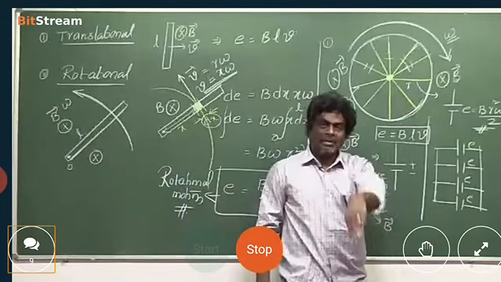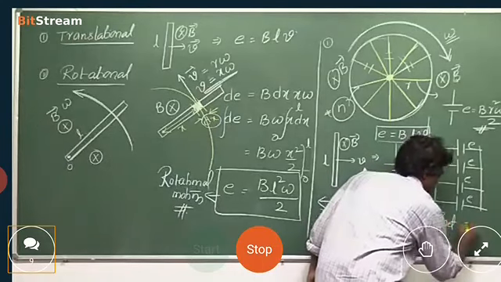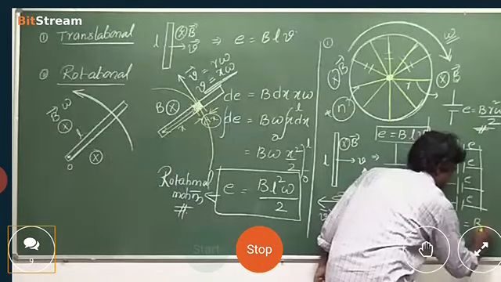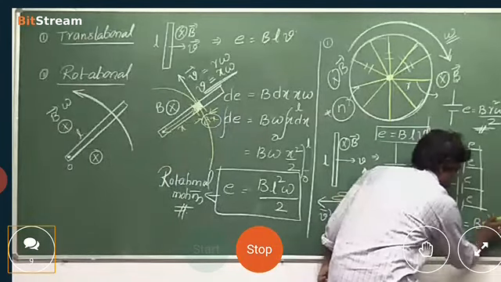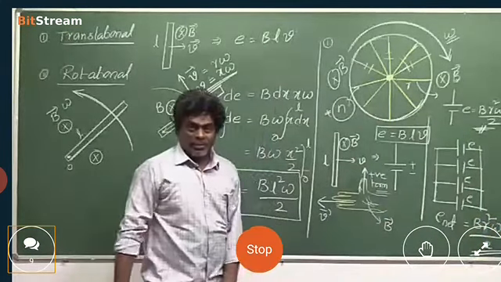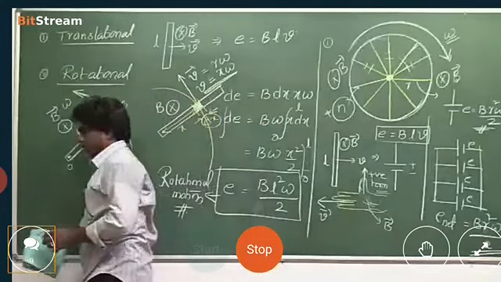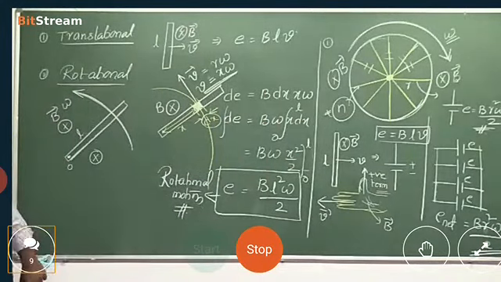Then what is the net EMF? E only. So the net EMF is equal to how much, Naina? B R square omega by 2. Of course you understand now. Clear? Come on. Yeah, 3 students said same. Very good.